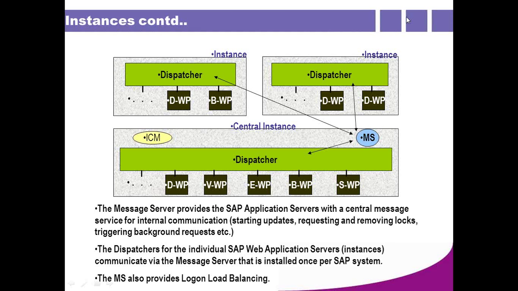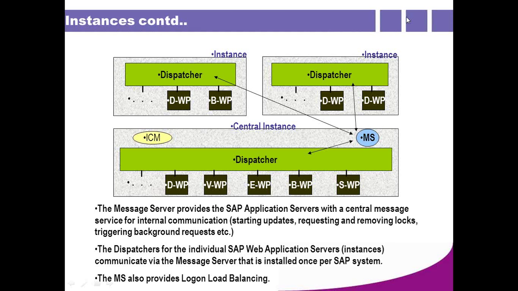If in a big rectangle I drew all these 3 in a single thing, it will become 1 instance. Yes, exactly. How many dispatchers are you seeing? That will be the count of instances. So you are seeing 3. See, however, these three are installed in 3 separate boxes, or 3 instances installed in a single box also. Not a problem. But 3 instances we have because we are seeing the 3 dispatchers.